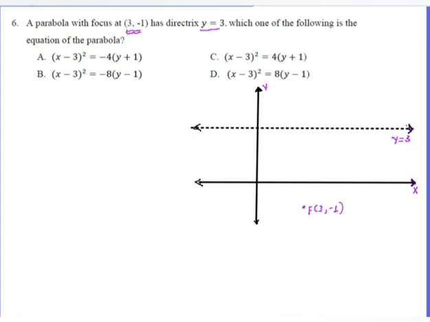So if the focus is here, the vertex will be somewhere at equal distance from the directrix, right? So the vertex will be the midpoint between the focus and the shortest-distance point on the directrix.